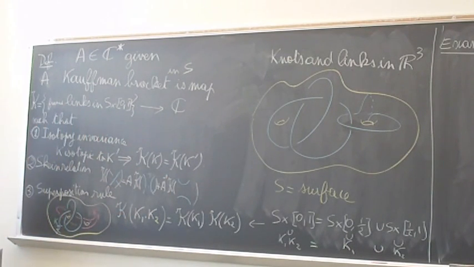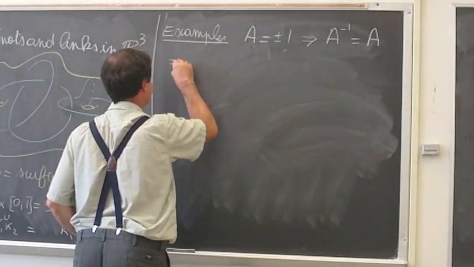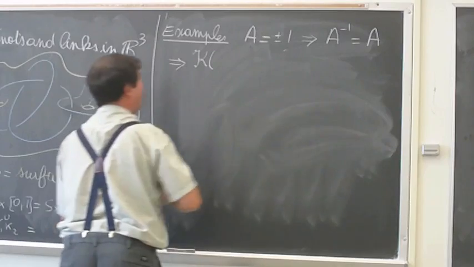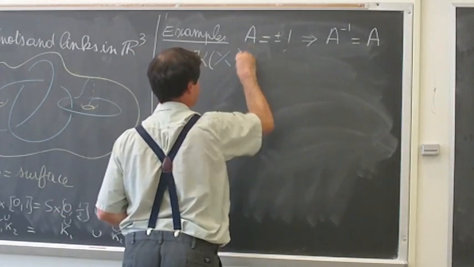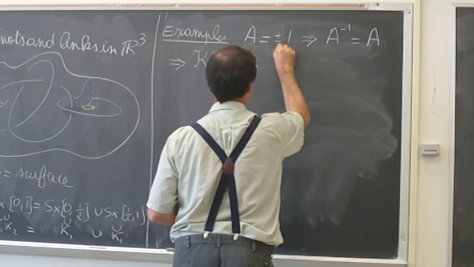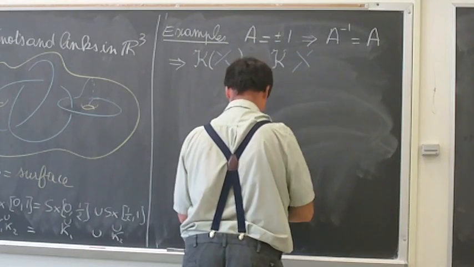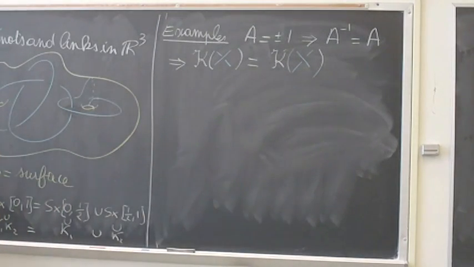And so if you think a little bit about it, that implies that K, the invariant of a crossing like this, is going to be the same as the other crossing, by applying this formula rotated by power 2, and because A is equal to A inverse.